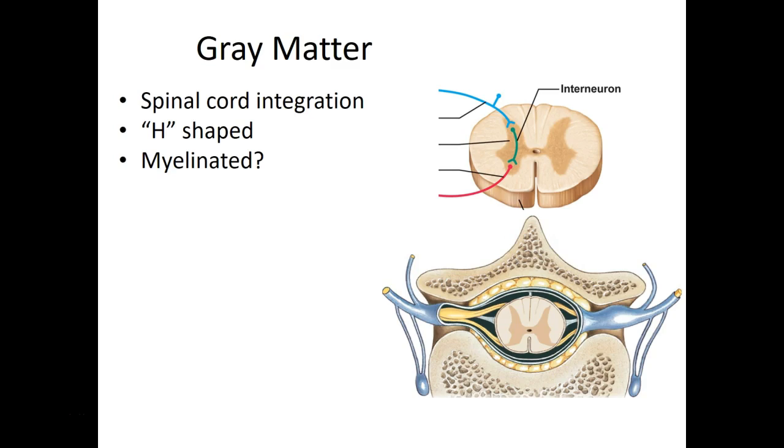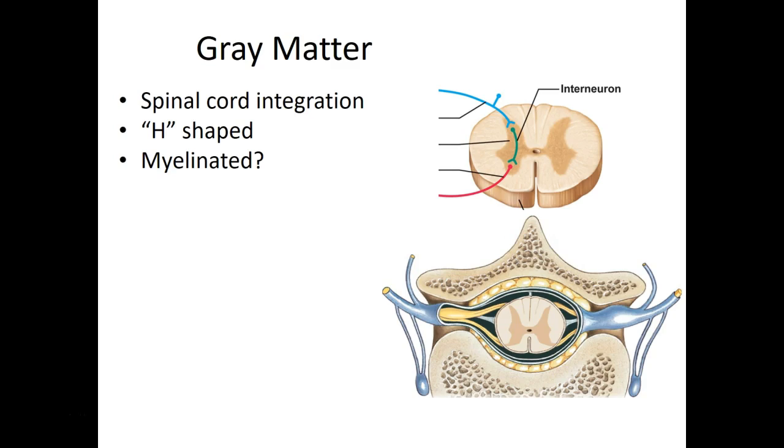What we did is a cross section, so we cut through some of those myelinated axons. So here, this white matter has myelinated axons that are going up and down.